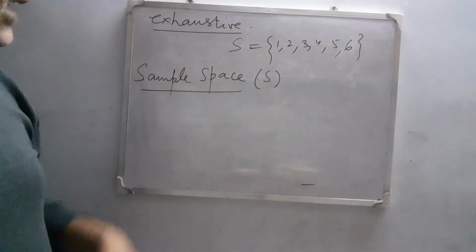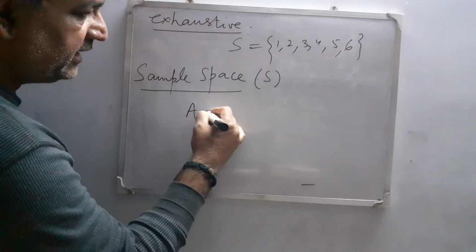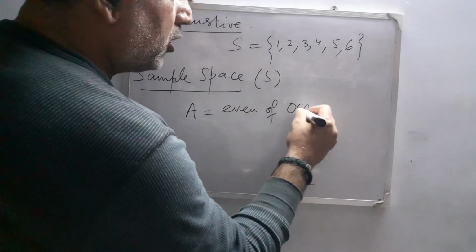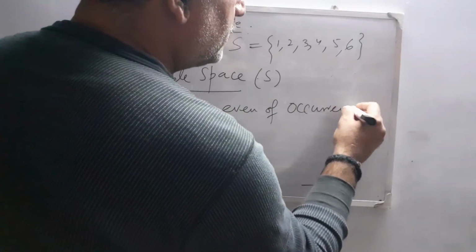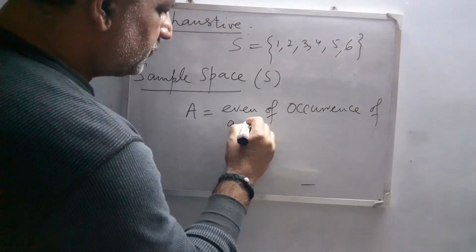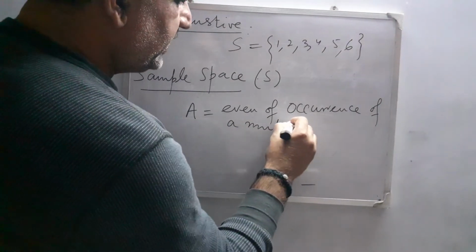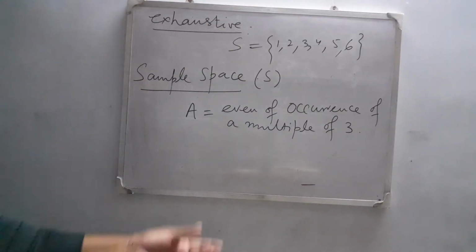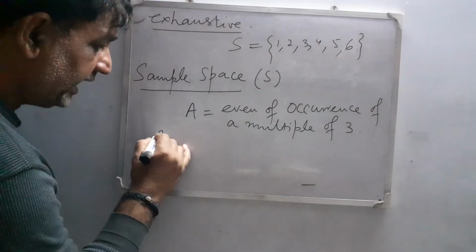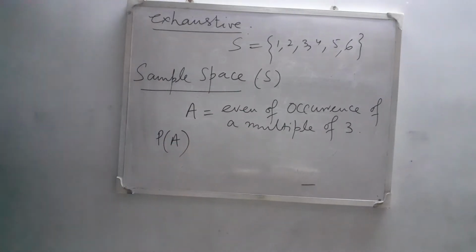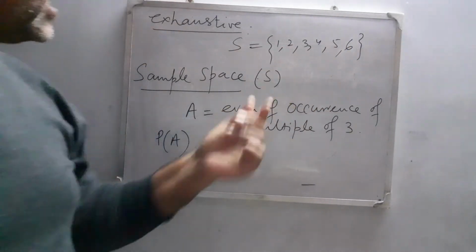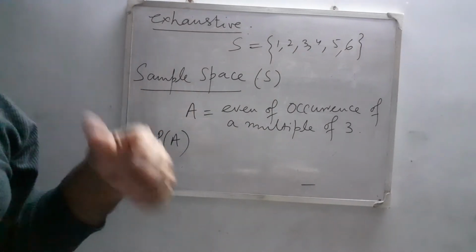Now, suppose A is an event, defined as the event of occurrence of a multiple of 3. Then what is the probability of A? If we want to know it, we will search how many numbers are favorable to this event.